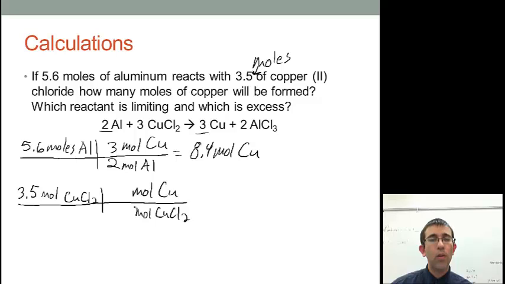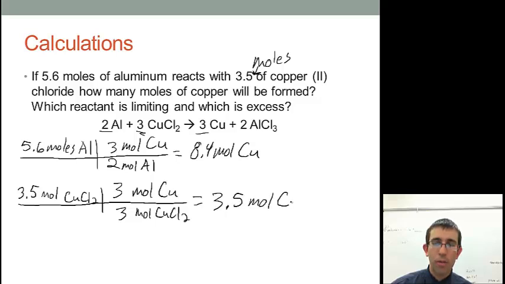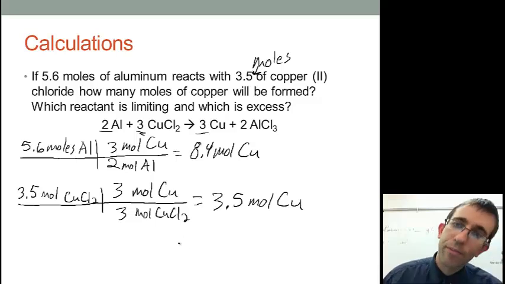Mole and mole together. Once again, I'm going to use my coefficients. So this time I'm looking at copper 2 chloride, which is right here. It's 3. And I look at the copper. It's also 3. So 3.5 times 3 divided by 3 gives you 3.5 moles of copper.